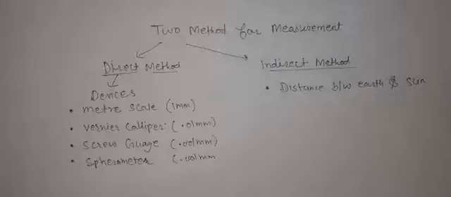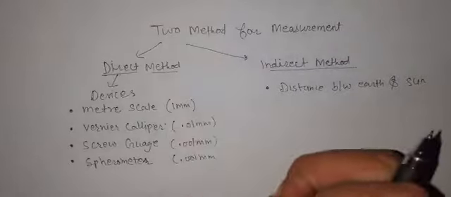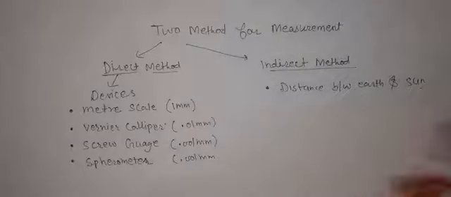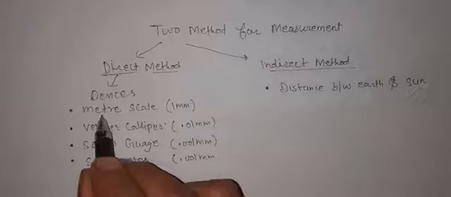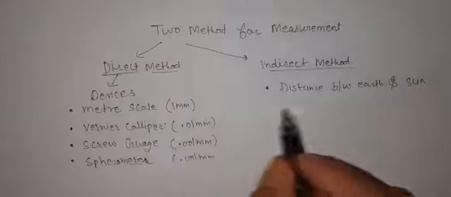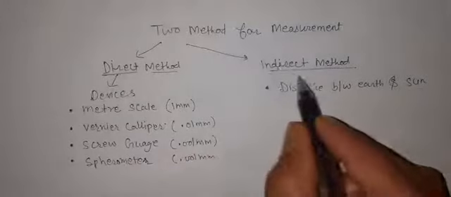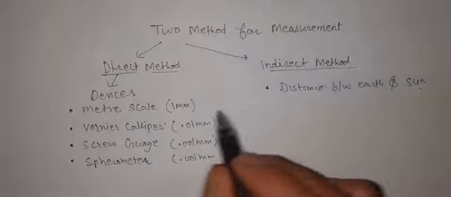Next, consider the distances of stars, planets, or satellites from the earth. Think about how we are going to measure them. Will we take the meter scale? Generally, we will say that we are not going to use the meter scale. Then this is going to be the indirect method.